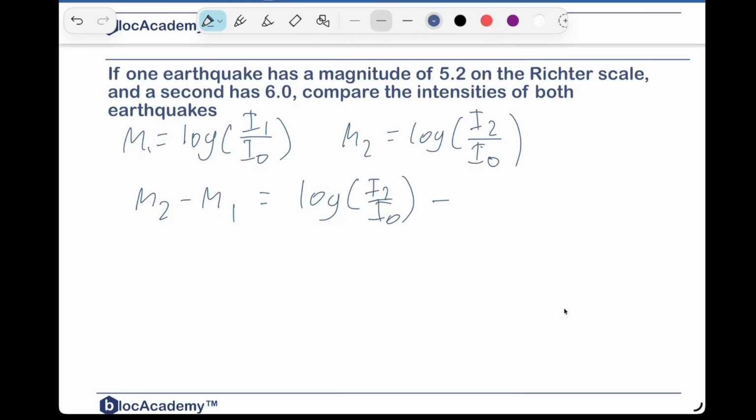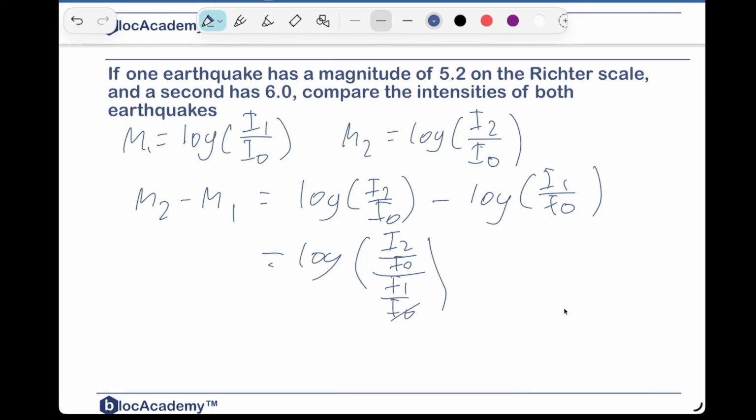Minus log I1 over I0. Now, if we put this in one large equation, we're going to end up with log of I2 over I0 divided by I1 over I0. The I0s cancel out, which is going to be log I2 over I1.